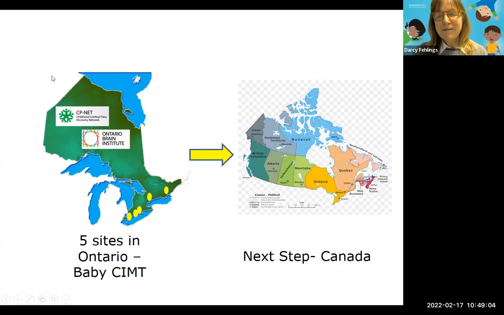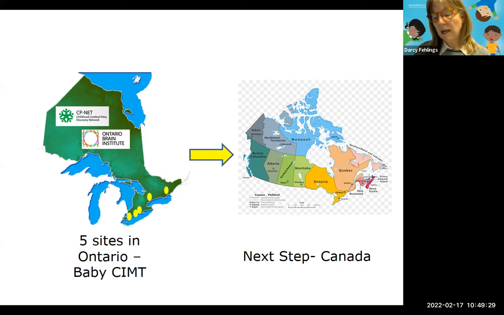So where are we now with our knowledge implementation science project? We're a year into our Ontario-based project, and we now have 5 sites in Ontario that are offering baby constraint. And our next step is to start to facilitate rollout across Canada.